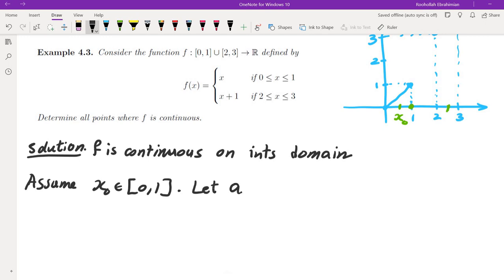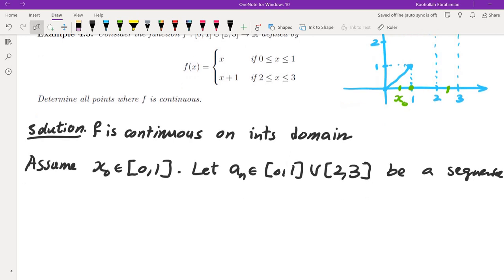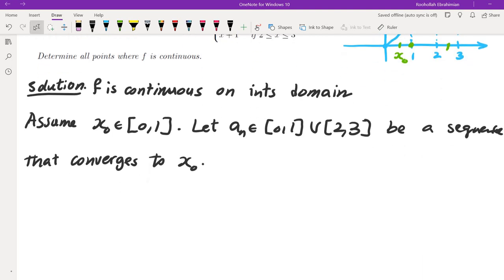Let a_n inside the union of these two intervals be a sequence that converges to x0.